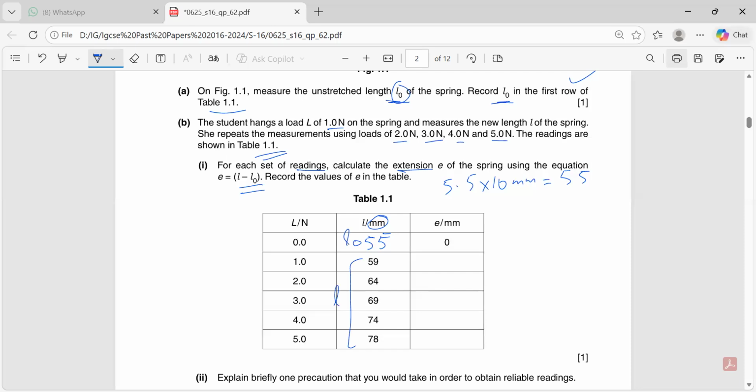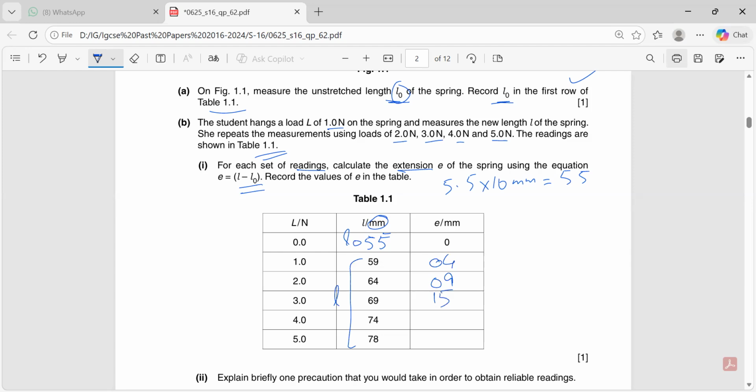So 59 minus 55, that is, my dear friends, 4. Then 64 minus 55, we are getting 9. Then 69 minus again 55, that is equal to 14.